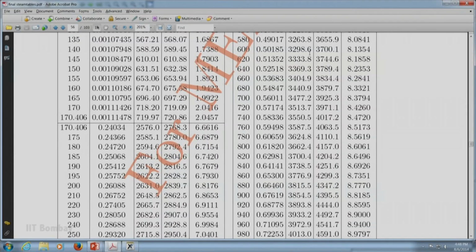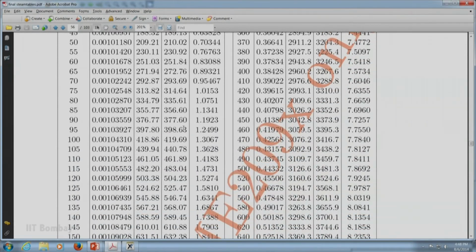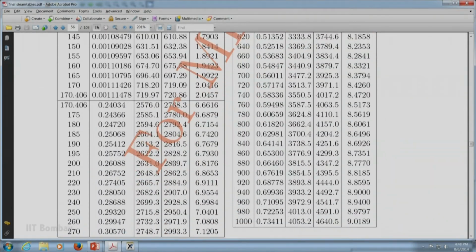If I see the value of enthalpy, what we want is 2789. So, I can go down and come back to somewhere here. 2789 falls between 2780 and 2792. So, the value of 2789 can be interpolated between these two temperatures, 175 degree centigrade and 180 degree centigrade.